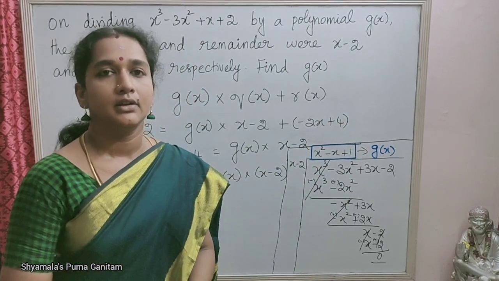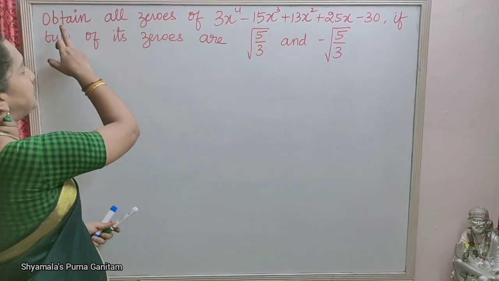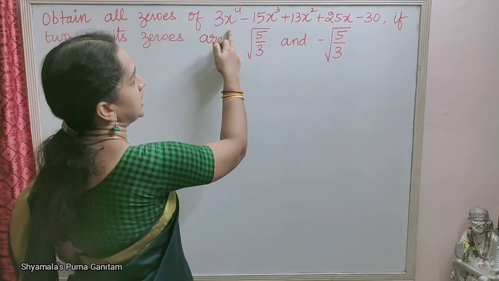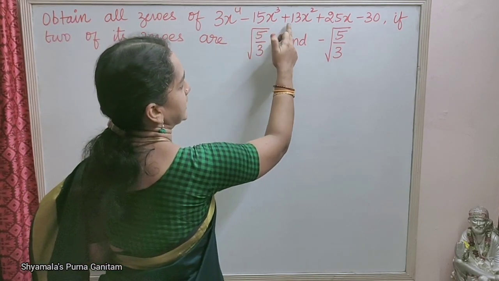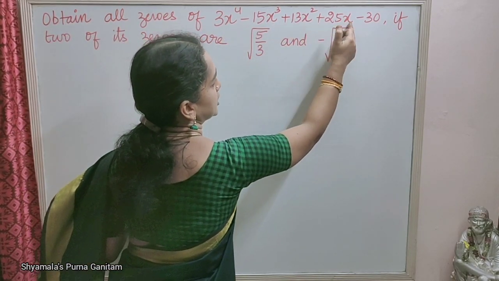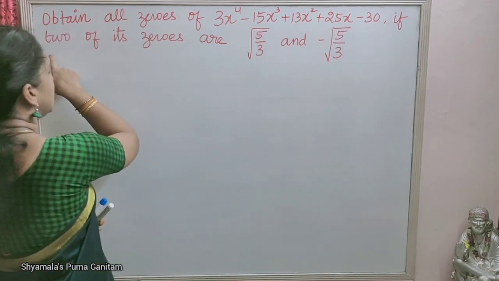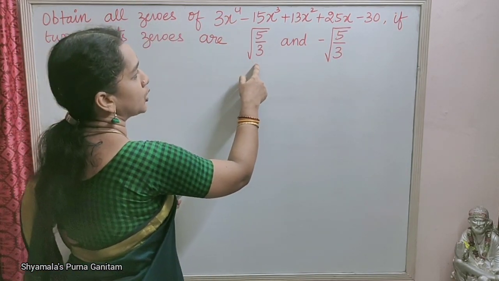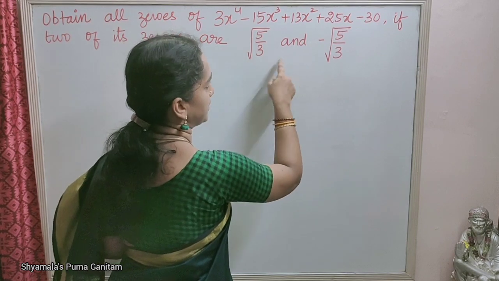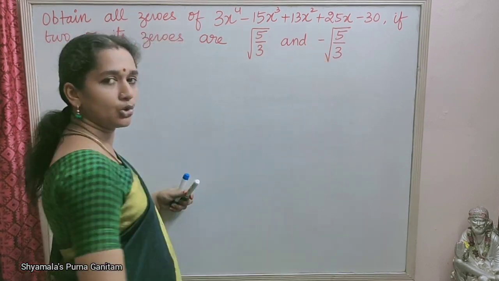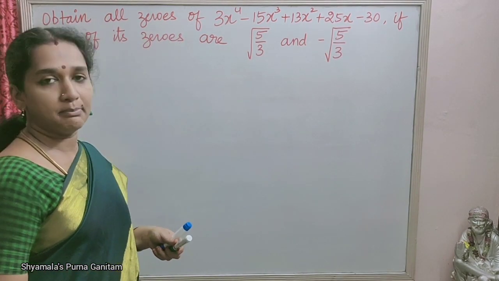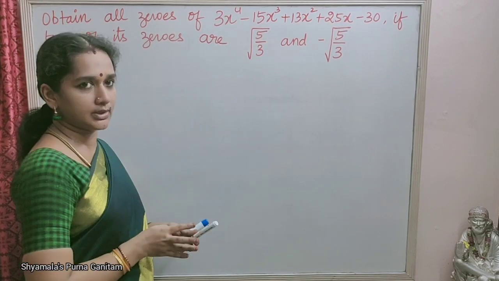Okay. Next sum is, obtain all zeros of 3x power 4 minus 15x cube plus 13x squared plus 25x minus 30, if two of its zeros are root of 5 by 3 and minus root of 5 by 3. So these are the two zeros given.